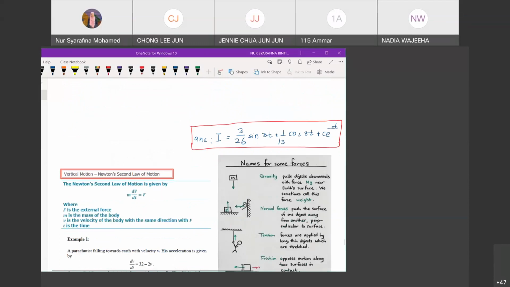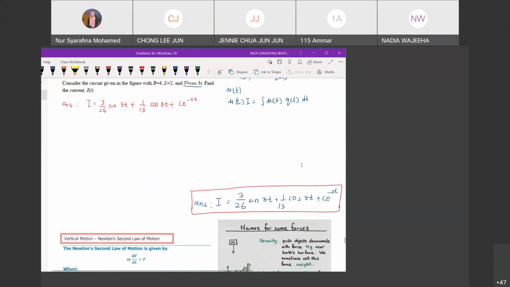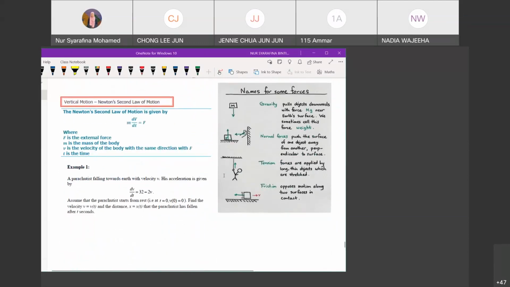Okay, so the next application is vertical motion, following Newton's second law of motion. Newton's second law is given by m dv/dt equals F. Do you remember what the change of velocity with time is?